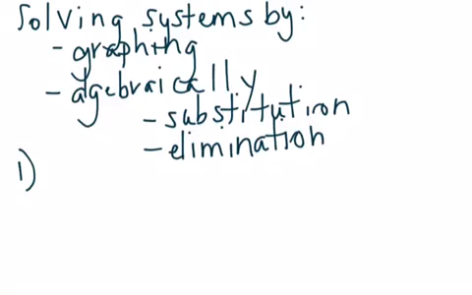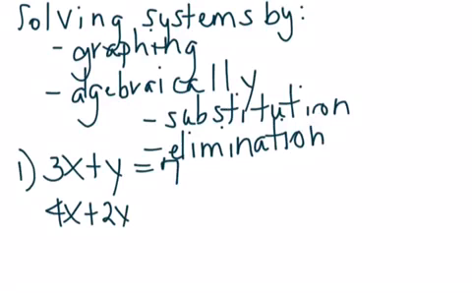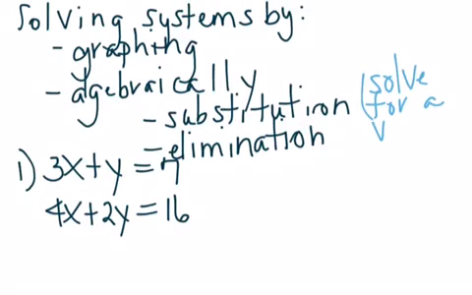on the second page in your composition book, the equations are 3x plus y equals 7 and 4x plus 2y equals 16. To do substitution, the first thing you have to do is solve for a variable, and it doesn't matter which variable, but you have to solve for one of the variables, and then replace.